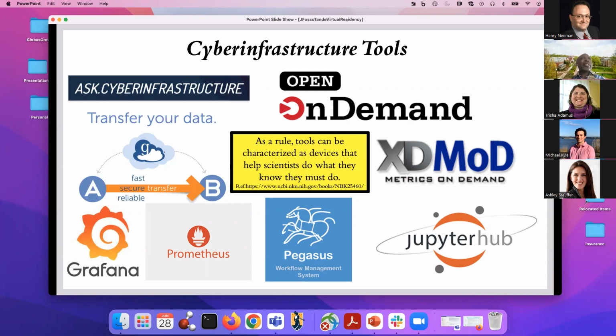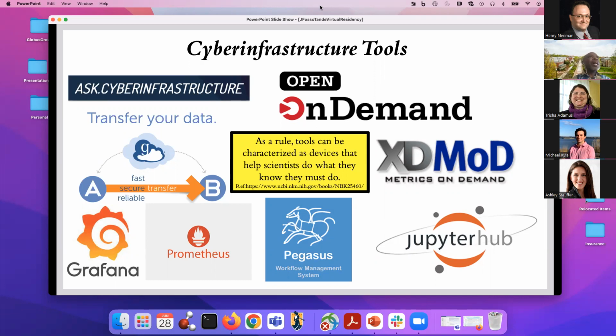If it fits that definition, according to the NIH library website, then that will be a cyberinfrastructure tool. To that regard, we have Open OnDemand, and Ask.CI, Ask Cyberinfrastructure, which I think of as a knowledge sharing site.